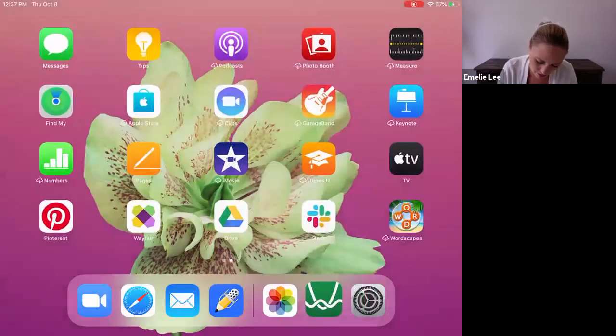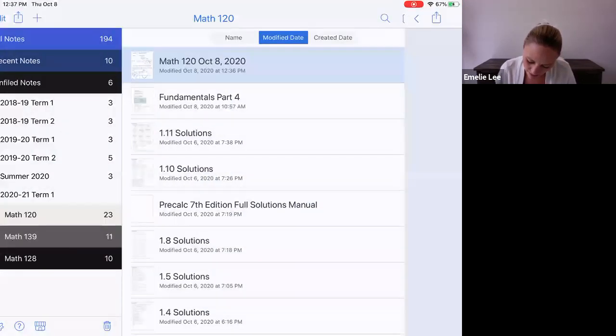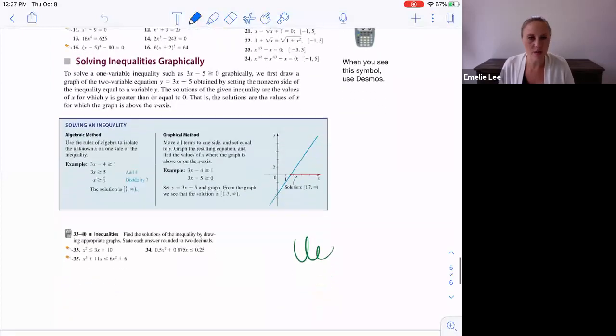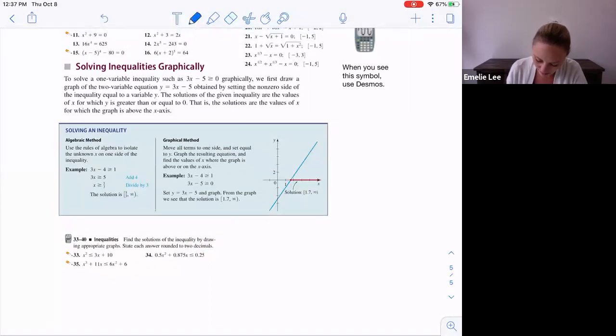So let's go to the inequalities, which is where we started today, actually, right? And so we can have inequalities like this. We can have inequalities like this, and we can figure out what the solutions are graphically.